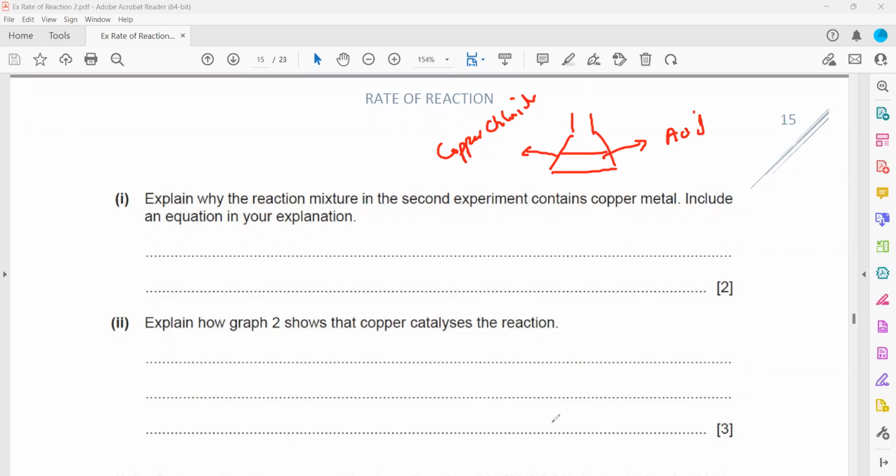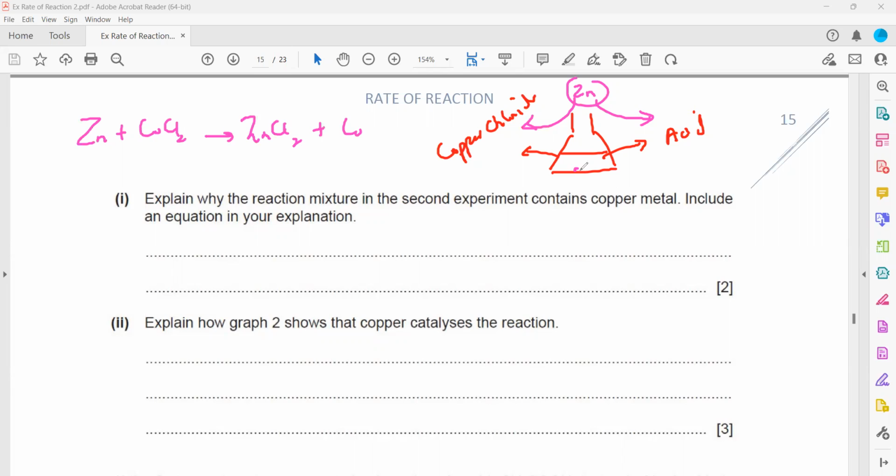But then what happened? We add zinc metal. When we add zinc metal, zinc can react with both copper chloride and acid. So when zinc reacts with copper chloride, the equation will be zinc plus copper chloride produces zinc chloride plus copper.